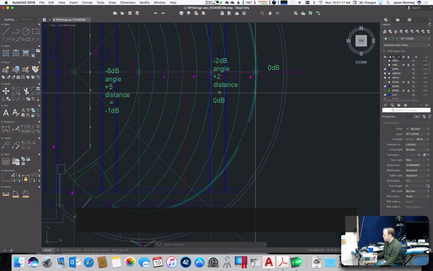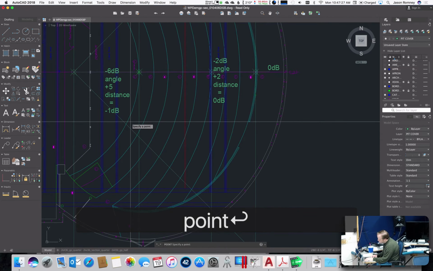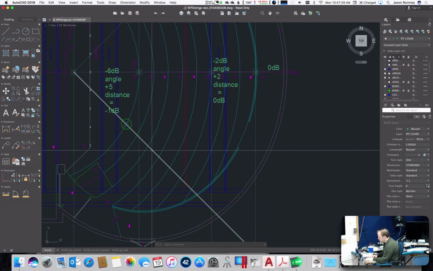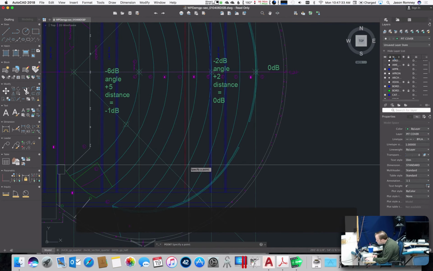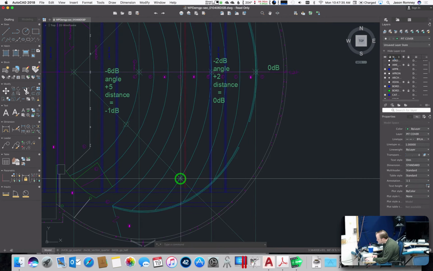Let's talk about horizontal now. How do we figure out horizontal? Well, next thing I would want to do is plot some points at these same rows, but at this on-axis spot.